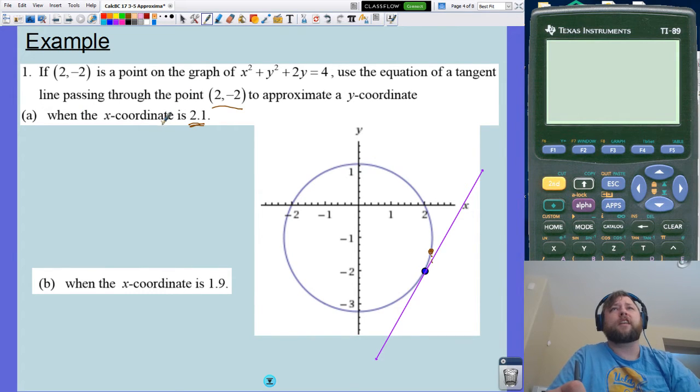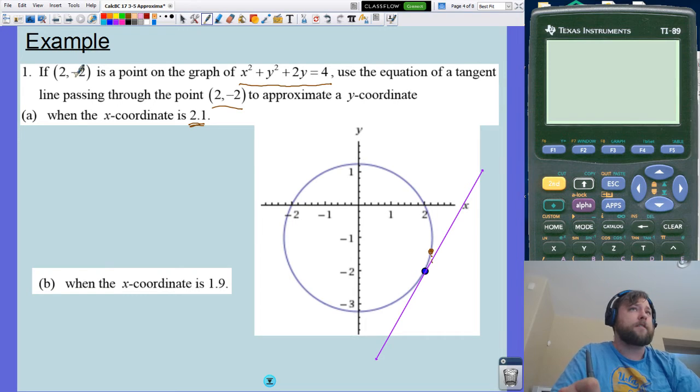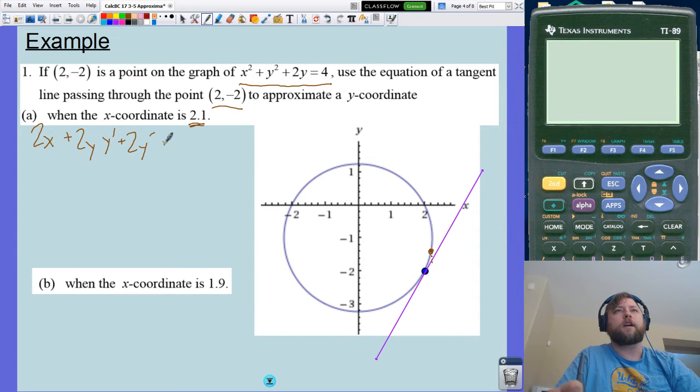I do need to figure out the equation of the tangent line. We use our old friend implicit differentiation, because we have a point and we have to find the slope. The derivative of x squared is 2x, plus 2y times y prime, plus 2 times y prime, equals 0. Now I plug in 2 for x and -2 for y.